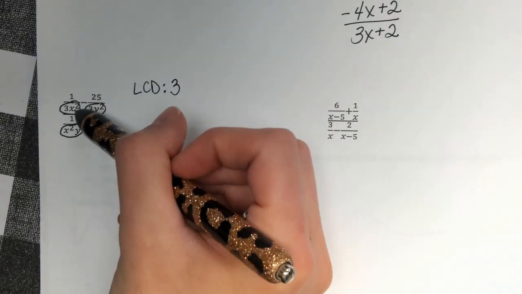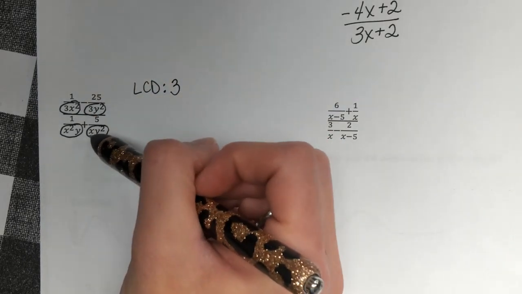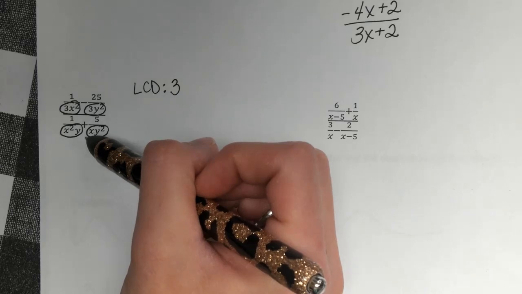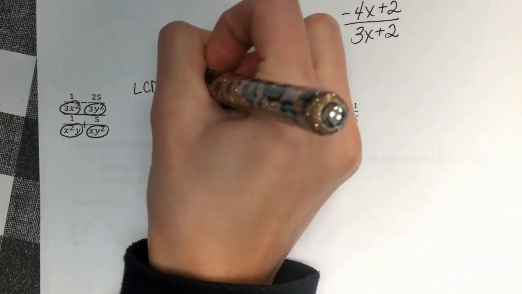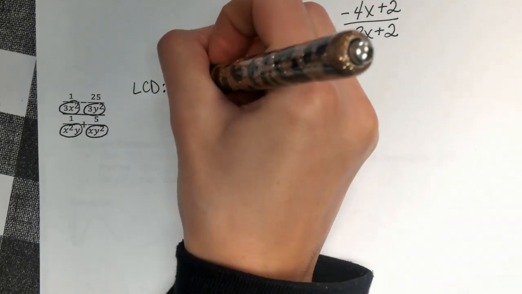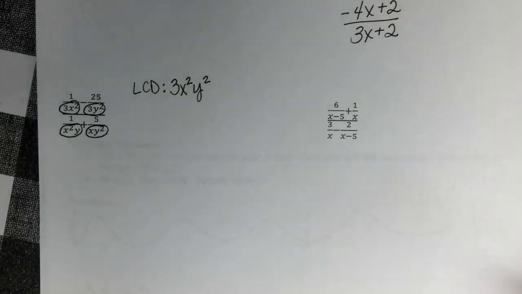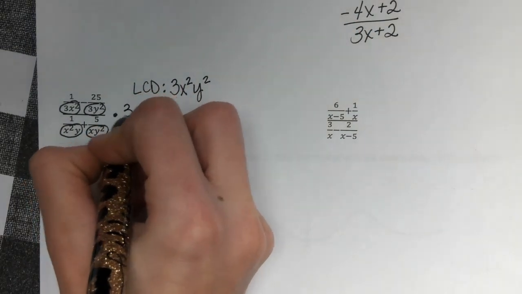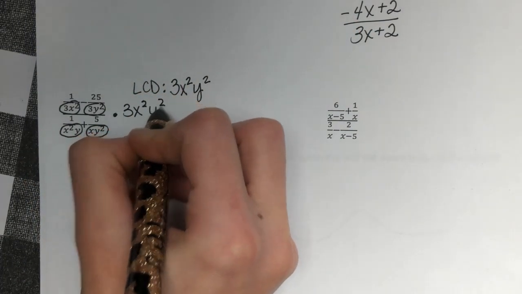I have an x squared and an x. Which one am I going to choose? X squared. I have a y squared, a y, and a y squared. Y squared. Alright, so my LCD is 3x squared y squared.